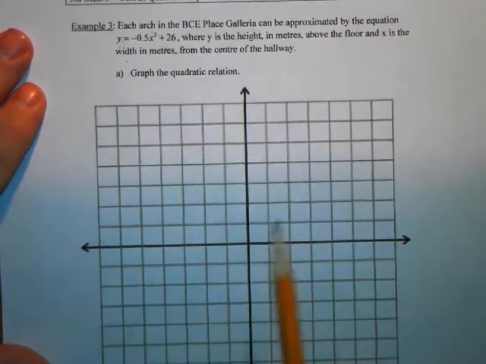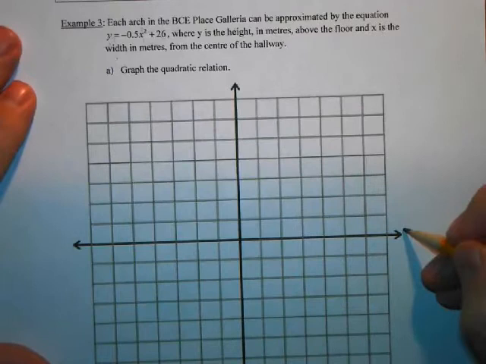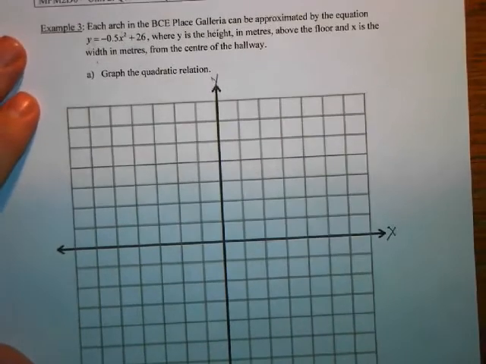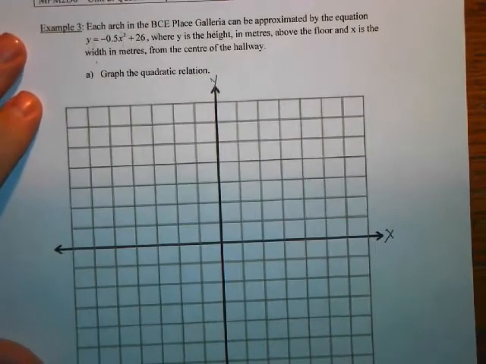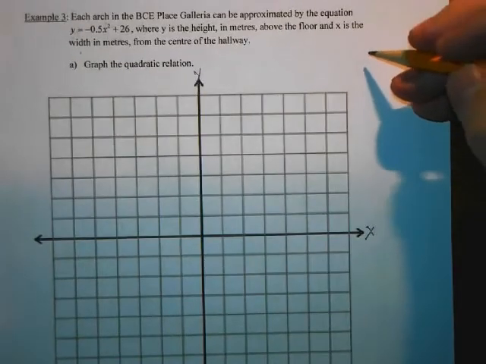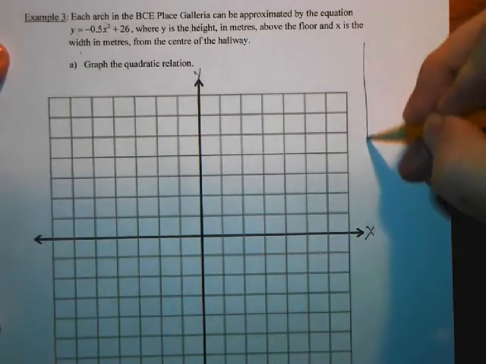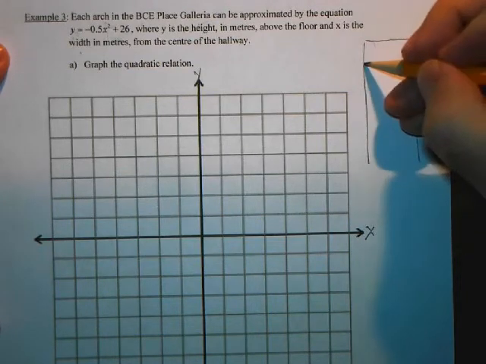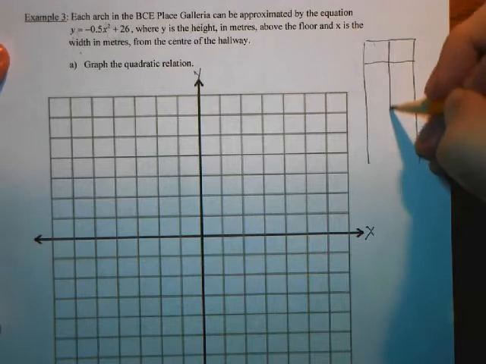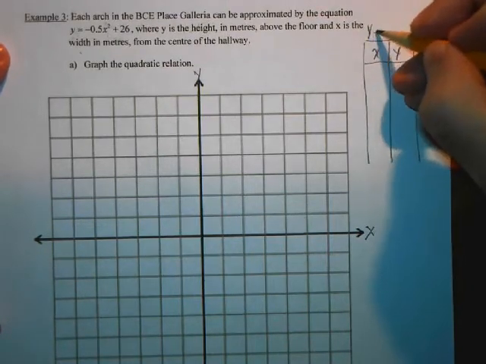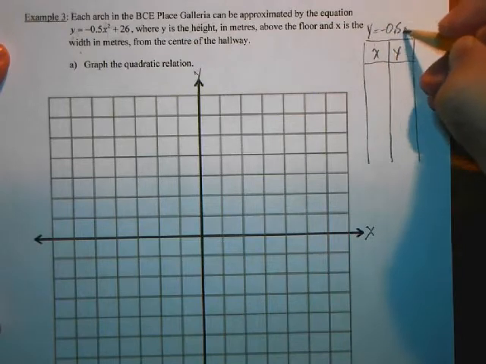Okay, so we've got to graph it first. The graph's already here for us. Now I'm not going to put on any scale until I actually get some values. I didn't really leave a lot of room for a table of values, but that's something we have to do. I'm going to put my x and y values here, and remind myself of the equation above.